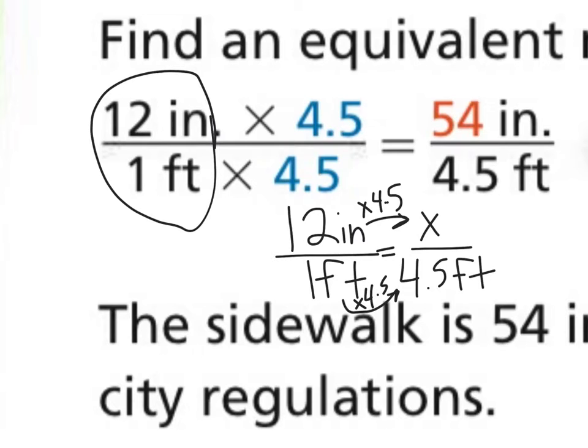So 4.5 feet is equal to 54 inches, and the maximum width is 66 inches, ours is 54 inches, and so we are within the regulations.